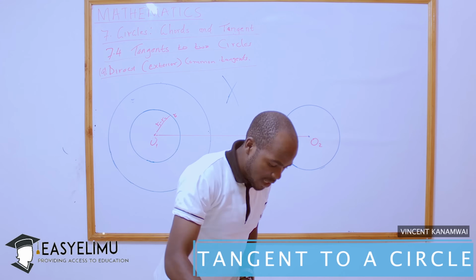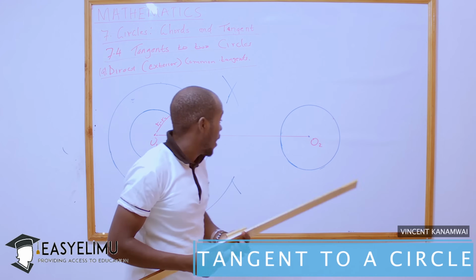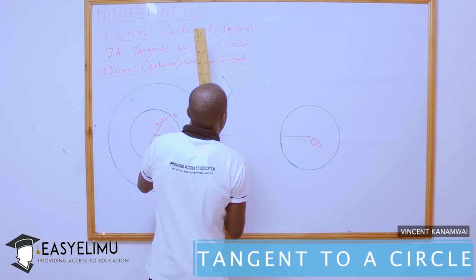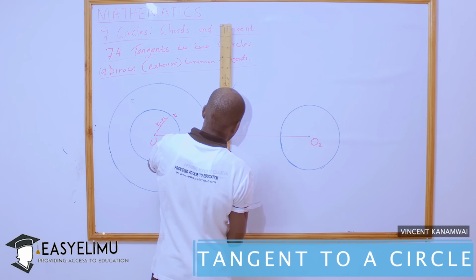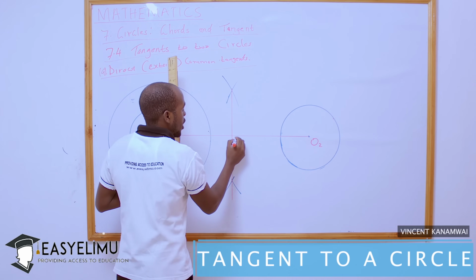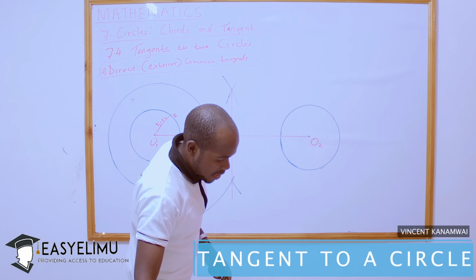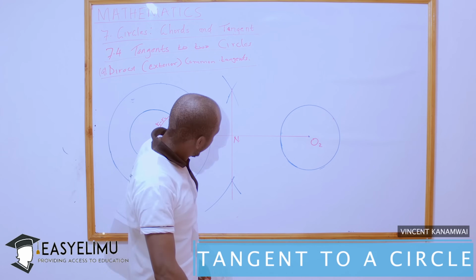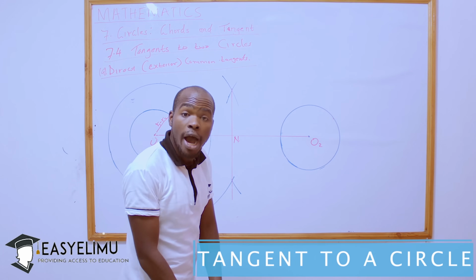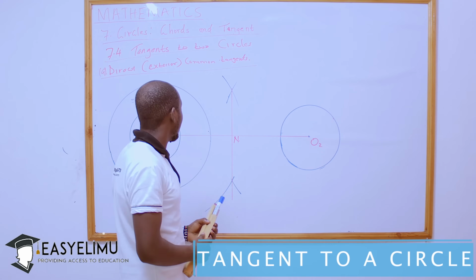I'm going to bisect that line, and where the intersection takes place, I'm going to name that point N on the line O1O2. Now I'll take that N as my center.